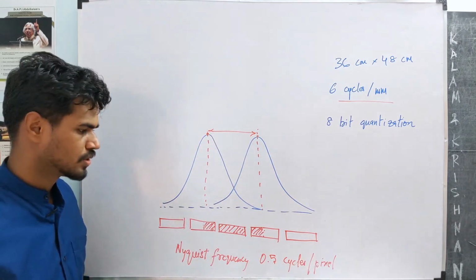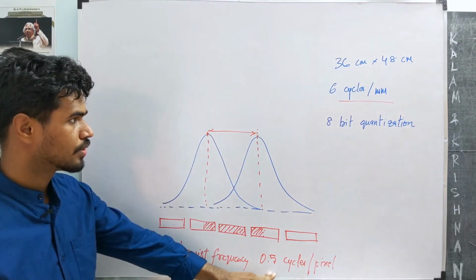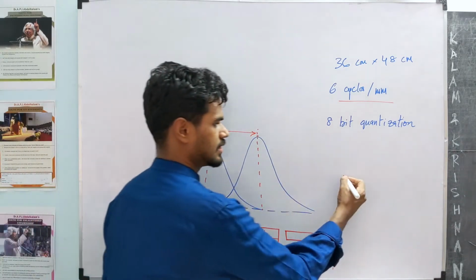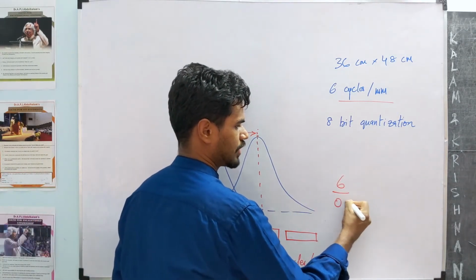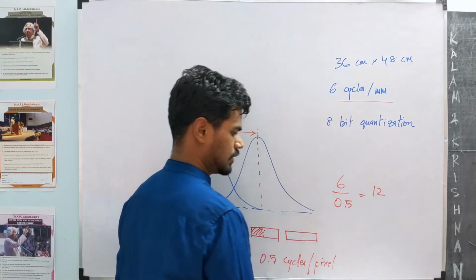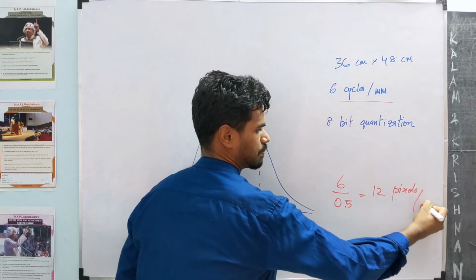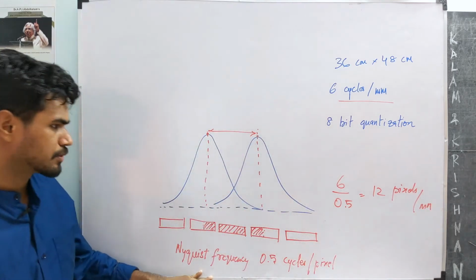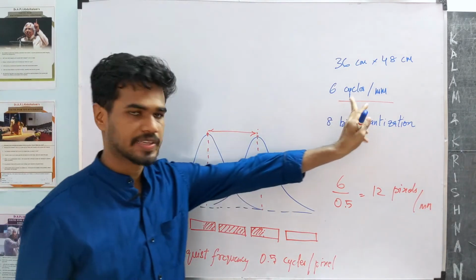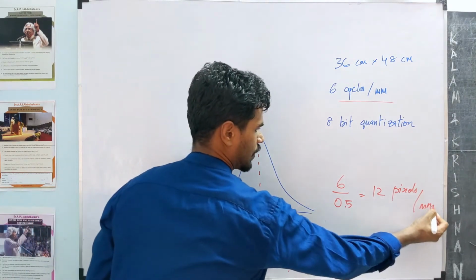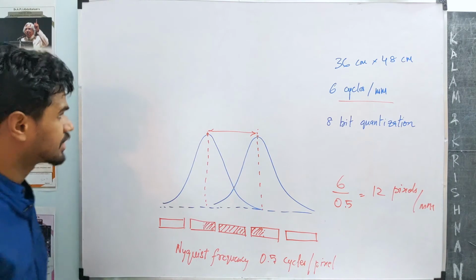From this, the number of pixels is 6 by 0.5, which is 12 pixels per mm. Based on the Nyquist frequency, if we need 6 cycles per mm, we need 12 pixels per mm. With that, the answer is pretty straightforward.